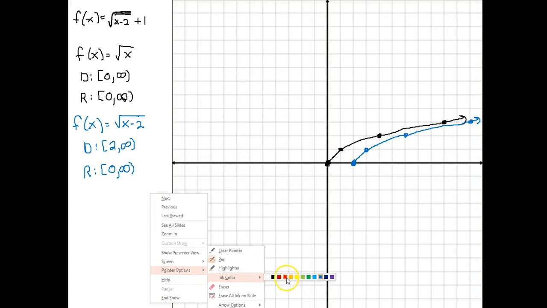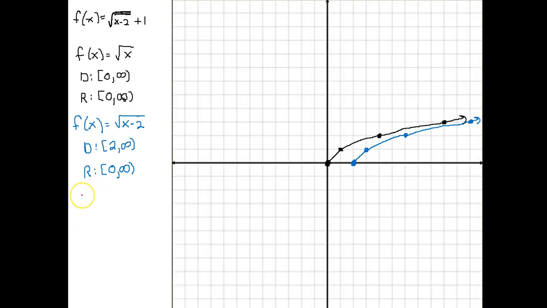I'm not sure if orange showed up, so I'm going to do red. I'm not trying to shout at you guys, but I think red might show up better than orange. All right, f of x. Now we can tackle the outside there, that plus 1. Adding 1 on the outside like that means we're going to shift everything up 1. So we're going to take the blue graph we just did.